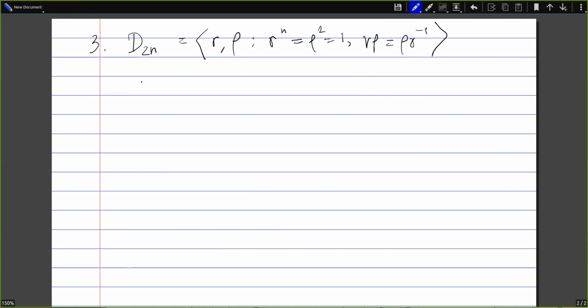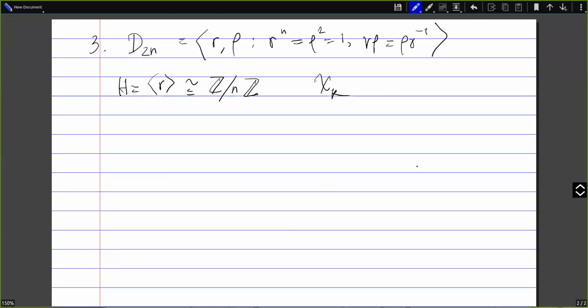So we take H to be the subgroup generated by R, which is a cyclic subgroup, Z modulo nZ, and hence we know all the representations of H. These are just chi k's, where chi k has been defined earlier.